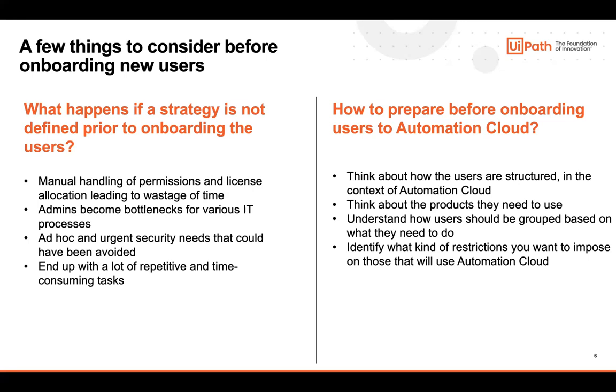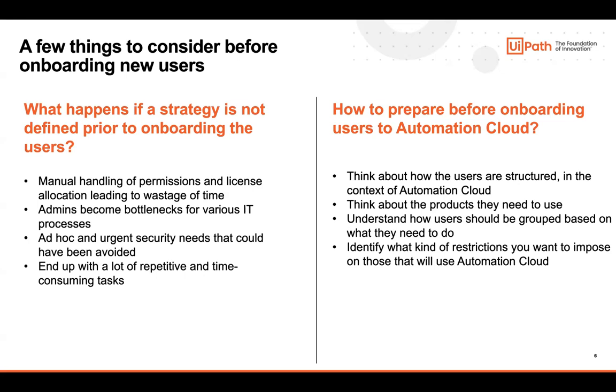That means what are those attributes that identify certain cohorts of users, certain subsets of users, based on what they need to do in Automation Cloud. And when you have that virtual grouping, that's how the strategy starts to be defined.